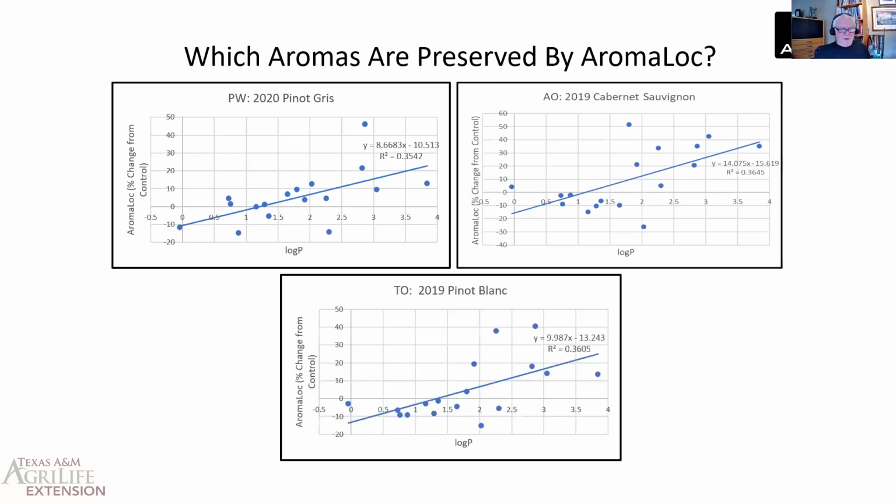Now, I'll show you one final graph, and they all look pretty much the same. This is a Pinot Blanc fermented over a year ago, and that was done here in the Okanagan Valley. And this Pinot Blanc was notable because tasters thought it was just really outstanding.